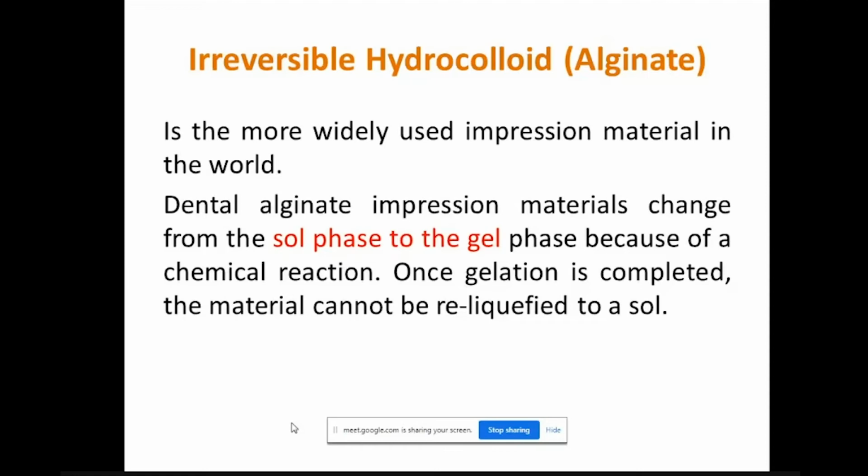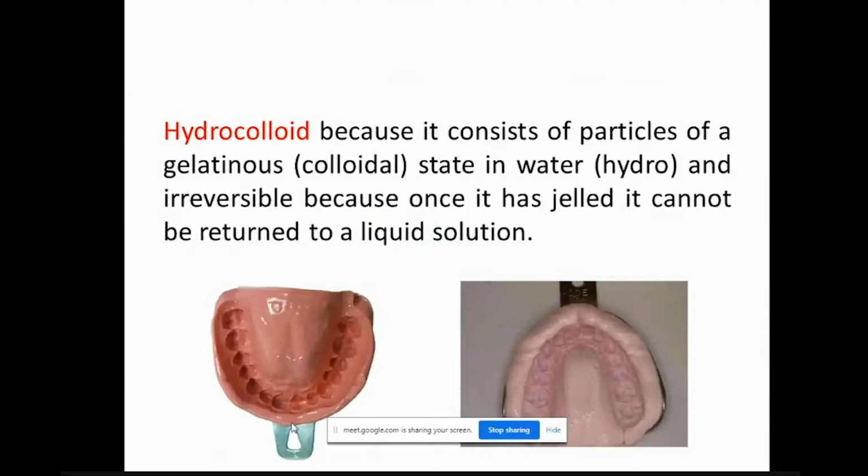It changes by chemical change from sol to gel. After the chemical reaction ended, it cannot be returned back to a sol. Why? Because it is a chemical reaction. That's why it is an irreversible hydrocolloid.